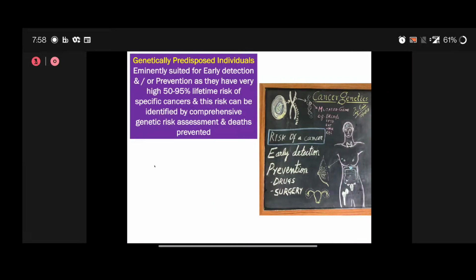So genetically, this is something I've drawn on the blackboard, that you can actually detect cancer if you know, and prevent it by drugs or surgery. I won't go into the details of the surgery. So these individuals who are genetically predisposed are eminently suited for early detection or prevention because they have a very high lifetime risk.